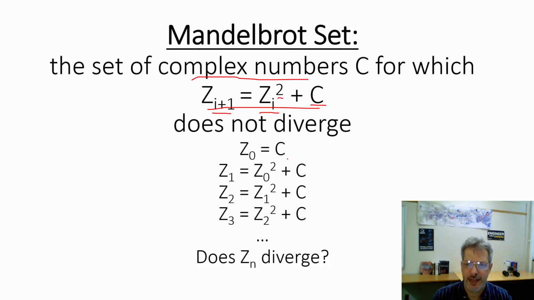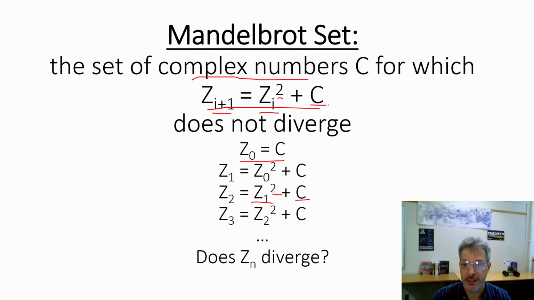If you want to think about it step by step, Z0 is the complex number C we're interested in, and I'll talk about complex numbers in a minute. Z1 is then that Z0 squared plus our initial number. Z2 is the Z1 squared plus our initial number, and so forth. If we were to do this with, say, real numbers, the process would be fairly straightforward.